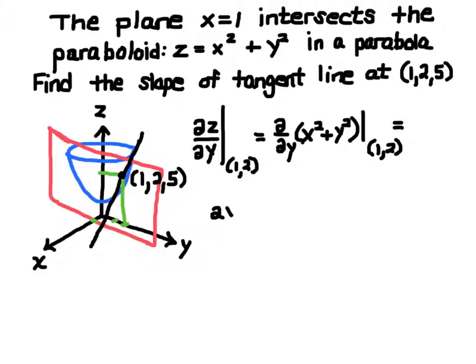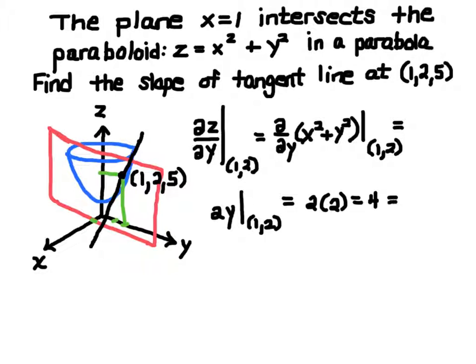And that's going to give us 2y, because this is with respect to y. The partial derivative of x squared, well, x is a constant, so that's going to be 0, and the partial derivative of y squared is 2y, and that's evaluated at the point 1, 2, which is going to give us 2 times y, and y is 2. So that's going to give us 4.